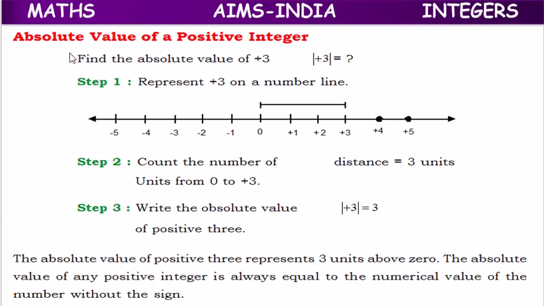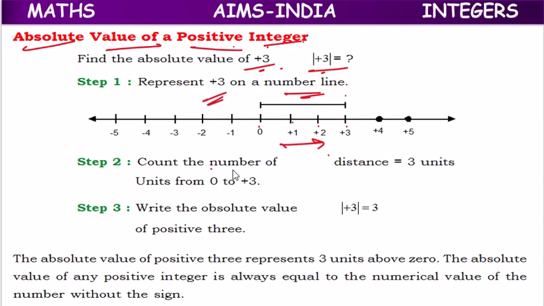Next, absolute value of a positive integer, like +3. If you want to find the modulus value of +3, let's represent +3 on the number line. +3 should be written on the right hand side of 0. 1 unit, 2 units, 3 units.